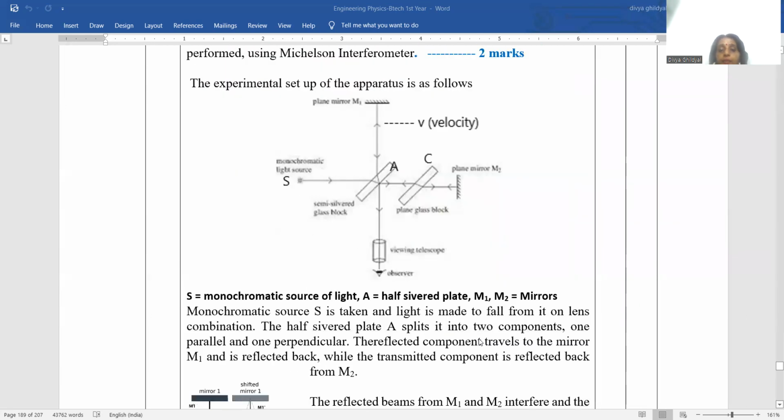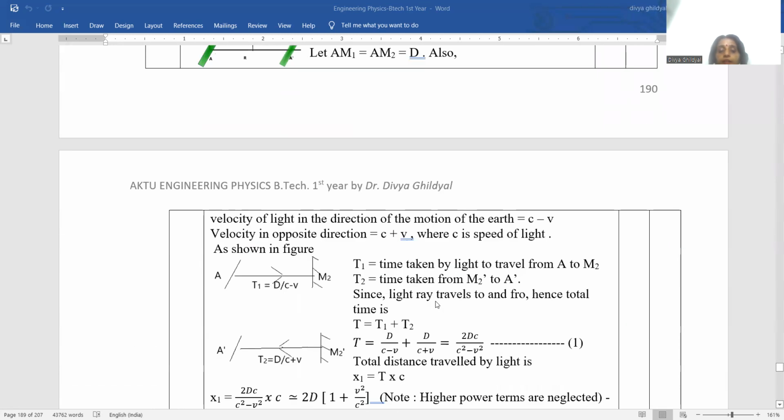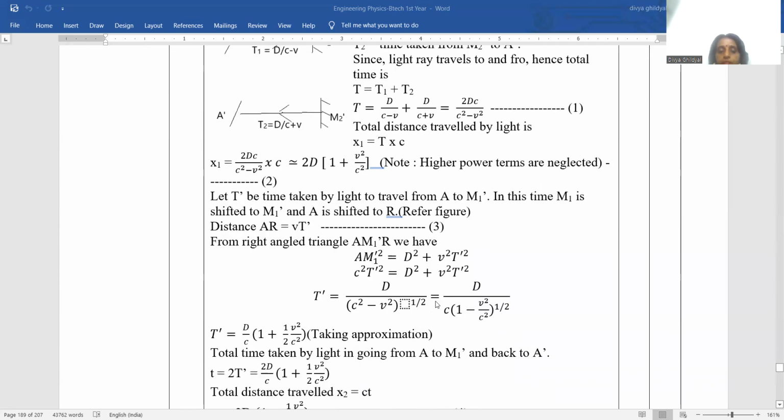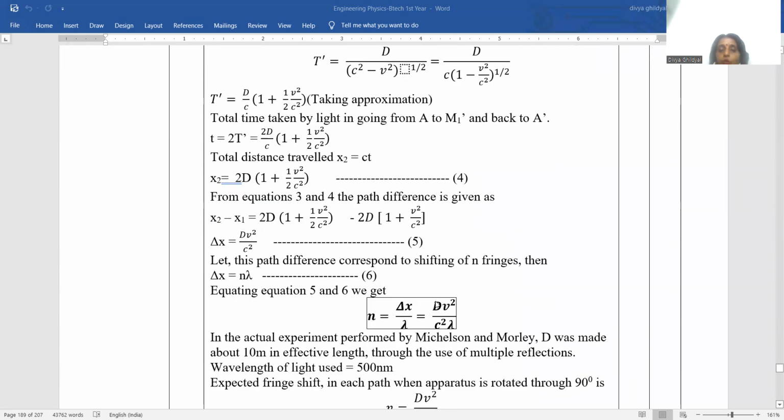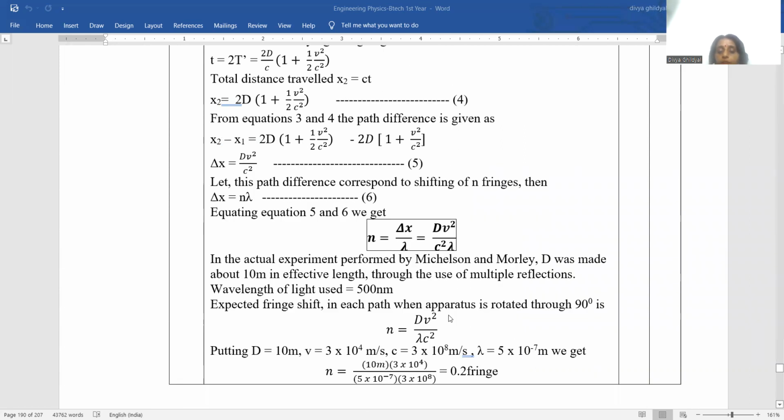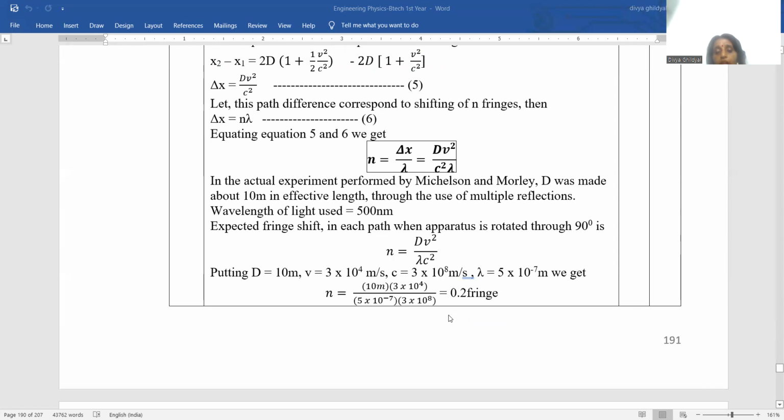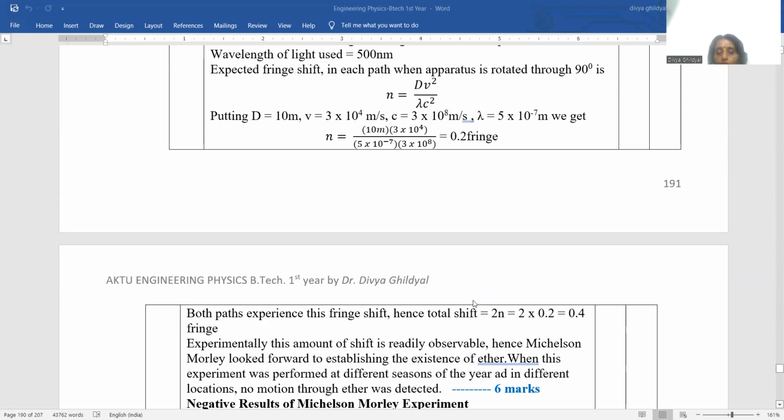And the experimental setup consists of 2 glass plates, 2 plane mirrors, path difference was formed, and the time taken by the ray of light in going, coming back, and then from the path difference, we found out the formula for fringes, and putting the experimental values in this path difference formula, we got a numerical value of 0.2 for the fringes.